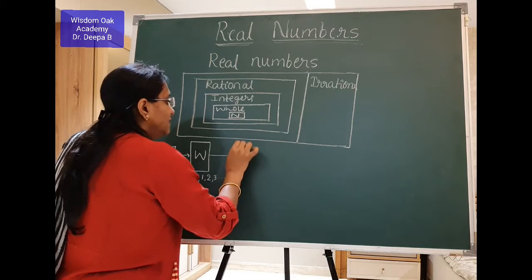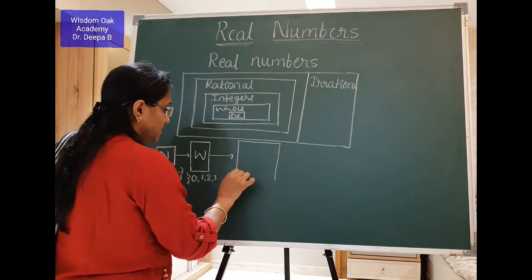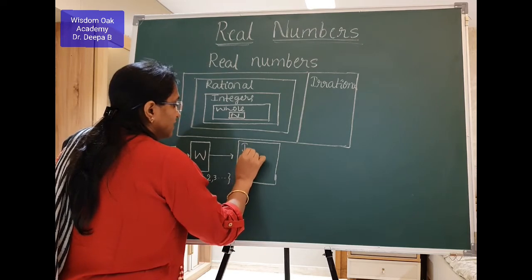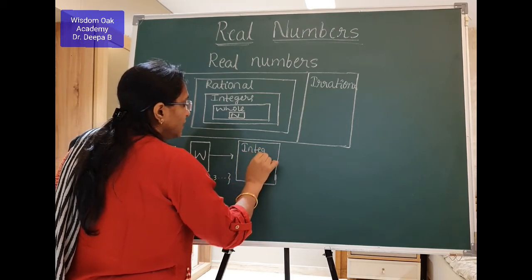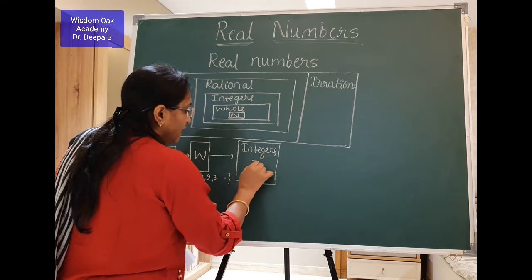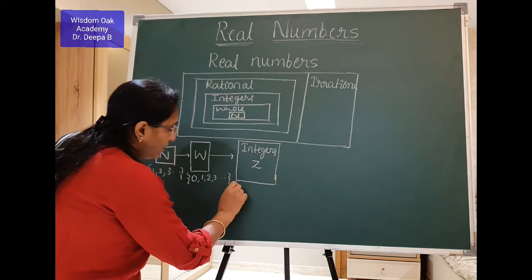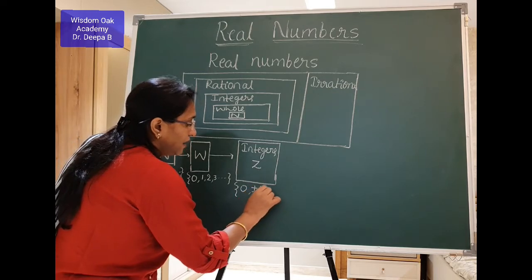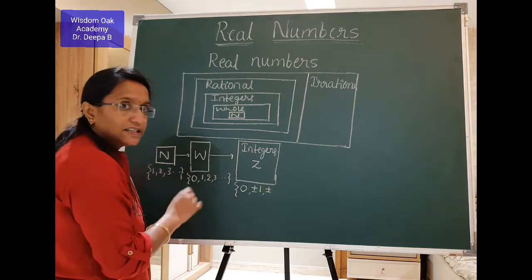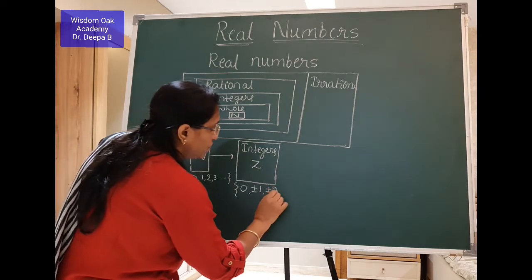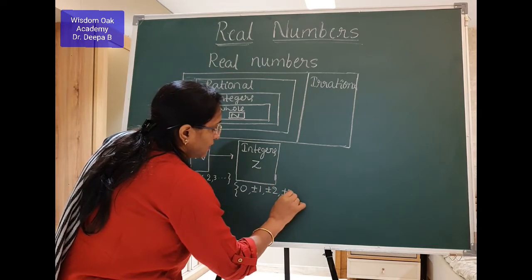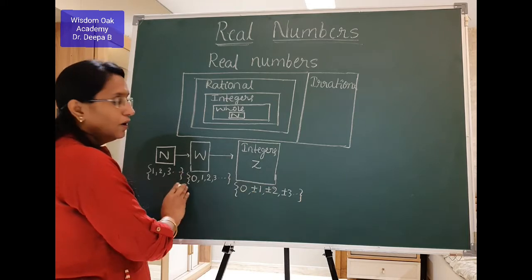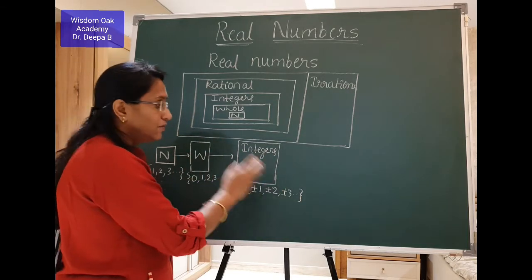It will be little bigger than this. So let us call it as set of integers. Set of integers. It is denoted by Z. Here we will be having 0 as well as minus numbers, that is integers, negative as well as positive integers. Okay, next. So here we have considered 0, positive terms, negative terms.